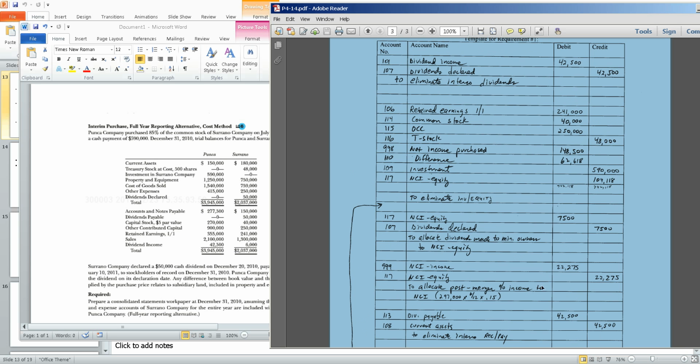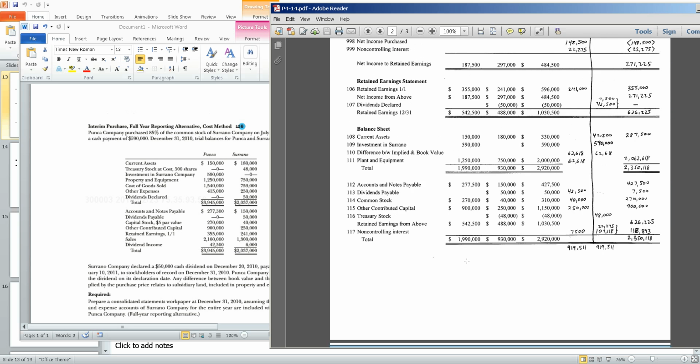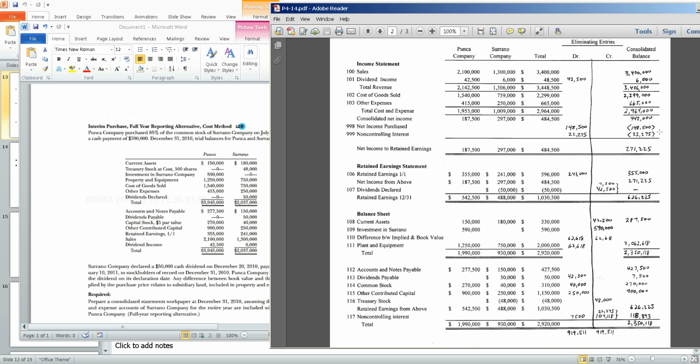So if you post all these entries into the consolidating worksheet, by the way, this one does show, if you foot down here, there's the total debits. If you foot down here, here's the total credits. Okay, so I posted all the entries here that you just saw on the entry page, and here are the consolidated financial statements. Notice here that this consolidated net income number represents 100% of the sub's revenues and expenses, and 100% of the parent company's revenues and expenses.